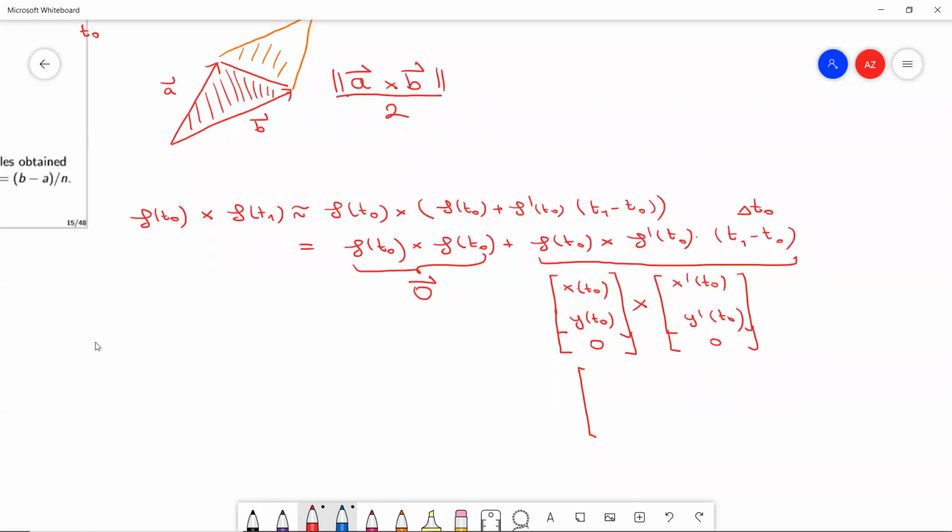It doesn't matter what the third coordinate is. Let's say that this triangle lives in z equals 0, but it doesn't matter, so it's constant. So when we compute the cross product of those two vectors, we get 0, 0, and the third coordinate is x y prime minus y x prime. Of course, everything computed in t naught.